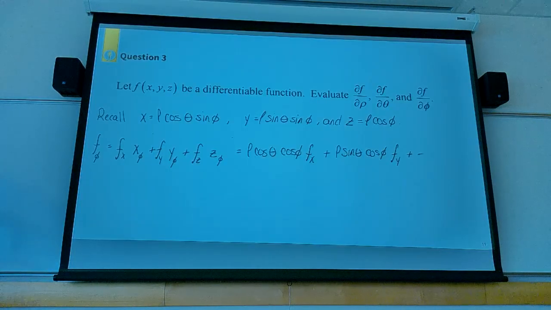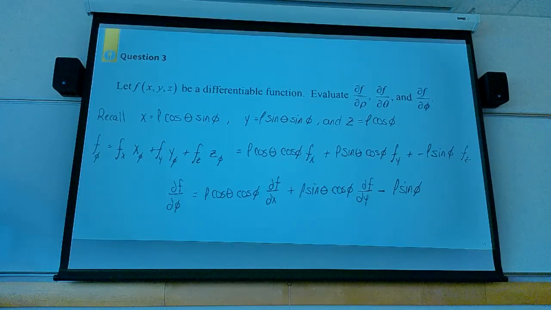Now there's your formula for partial f, partial phi.